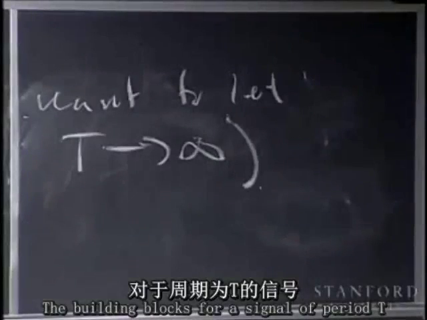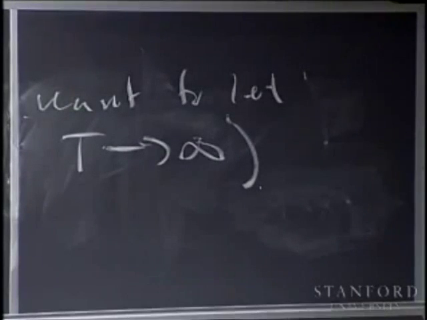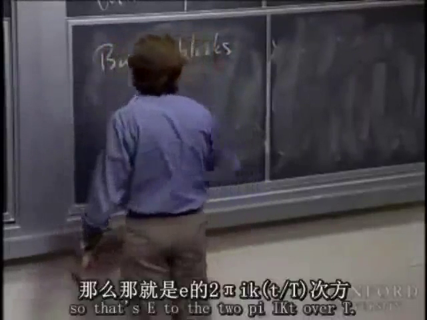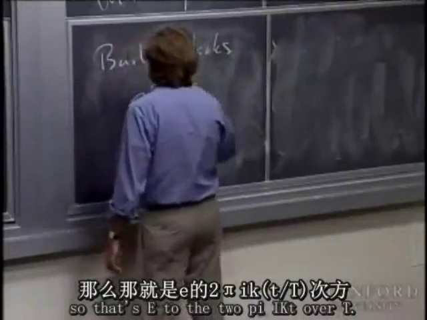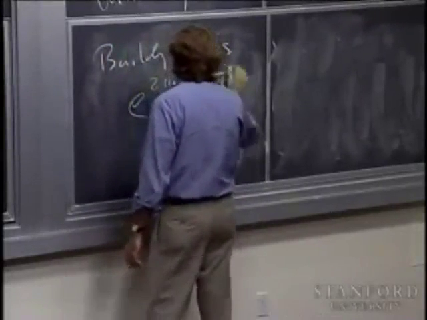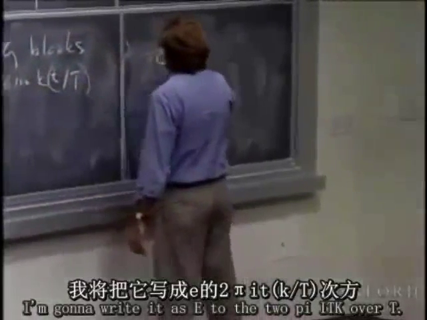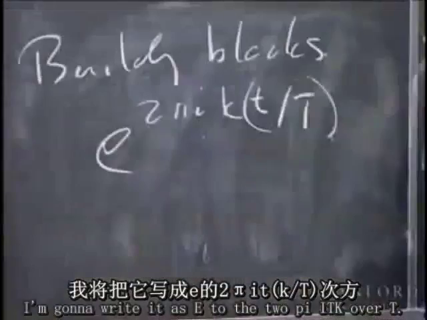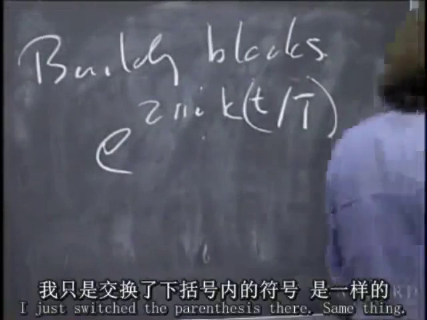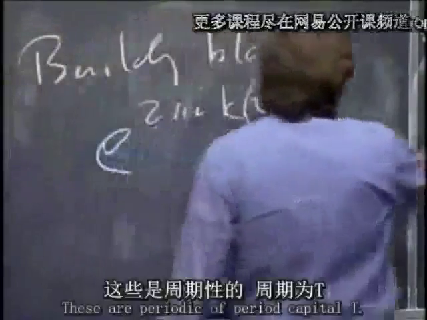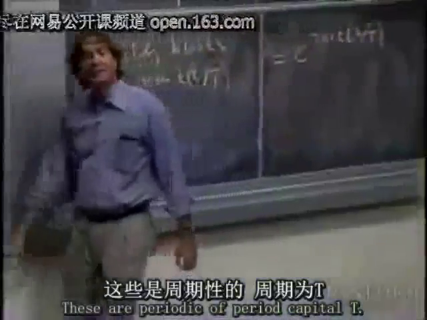The building blocks for a signal of period T are complex exponentials of period T, so that's e to the 2 pi i k t over T. Or I'm actually going to write it a little bit differently, as e to the 2 pi i t k over T. Doesn't matter. I just switched the parentheses there. All right, same thing. These are periodic of period capital T.